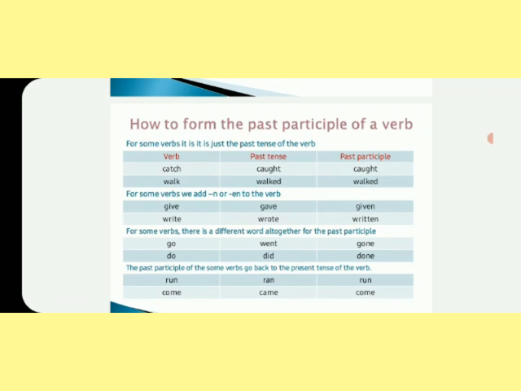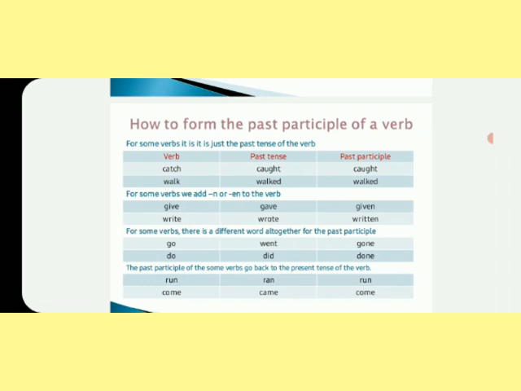See, give, gave, given; write, wrote, written. Can you see n or en is being added to the past participle form? And for some verbs there is a different word altogether for the past participle. For example, go, went, gone; do, did, done, altogether different form, isn't it?